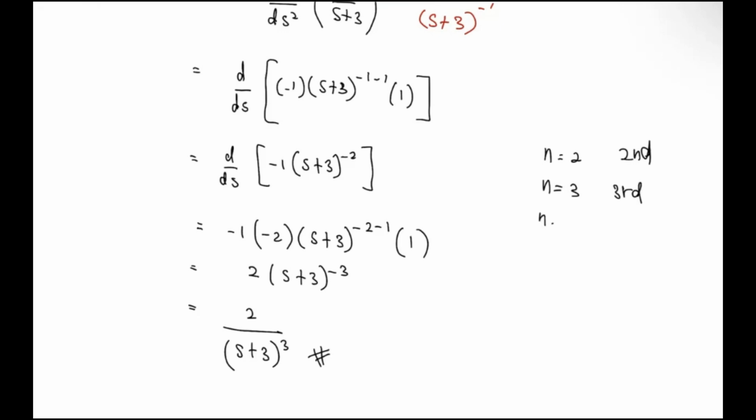If n equal to 4, fourth order, and so on. So this theorem is quite difficult because you need to differentiate according to the value of n. Okay, let's see one more problem.